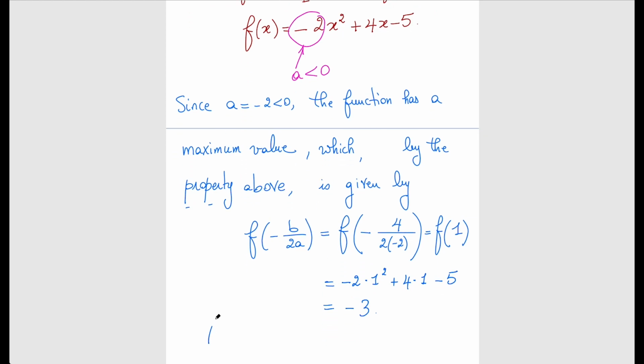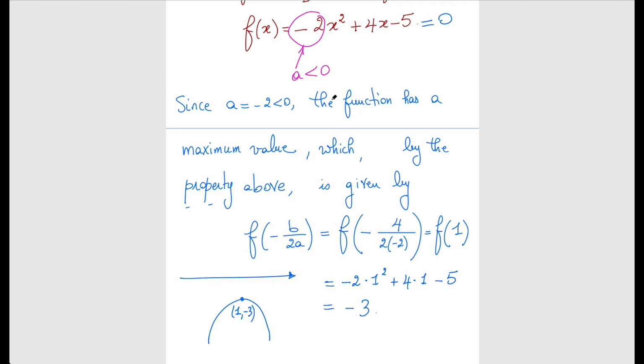Okay, so the function is going to look like this, that point 1 comma negative 3, this is where the x-axis is. And as it happens, the function doesn't cross the x-axis. It's not going to have an x-intercept, which means if you set this equal to 0, there's no solution.